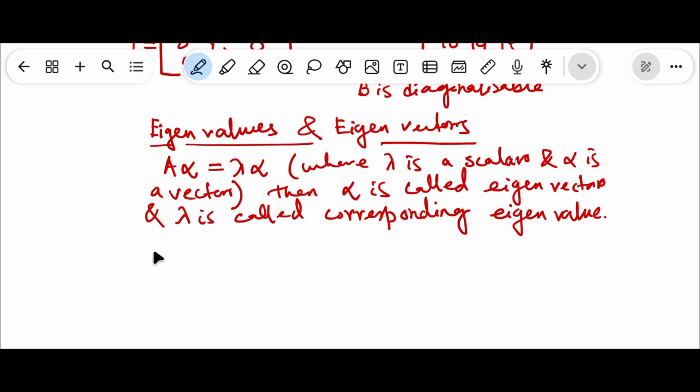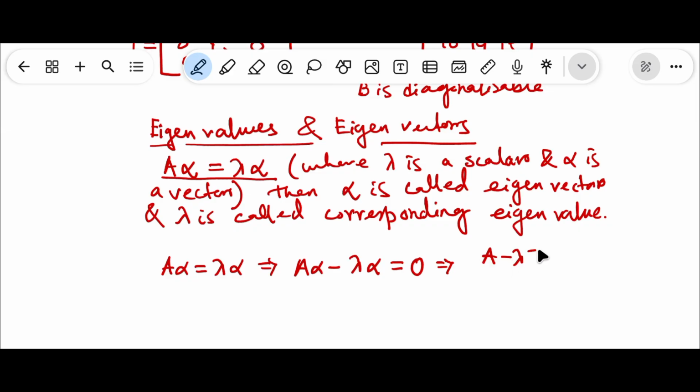Okay, now see, from this condition A alpha equals lambda alpha, if I rewrite in this form, A alpha minus lambda alpha equals 0, then we can write (A minus lambda I) into alpha equals 0.